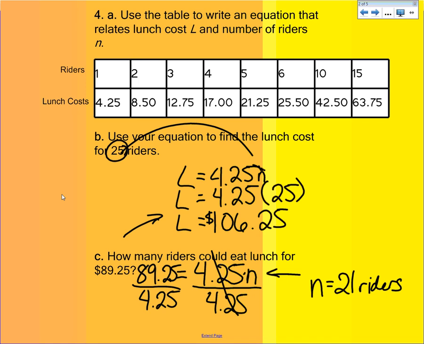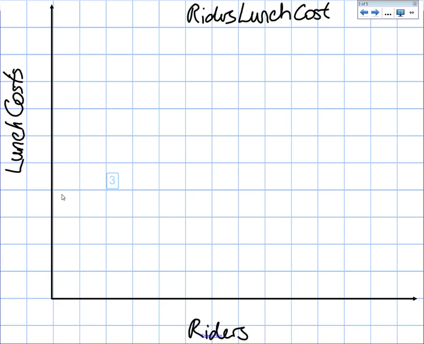Well, we know we can go up to at least 20. So let's go up to 20 riders. 20 times 4.25. Let's do that. And that will be $85. All right, so we'll go up to 20 and $85. So let's go back to our graph.